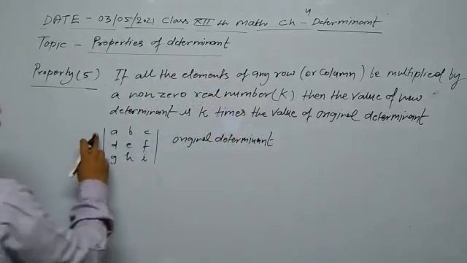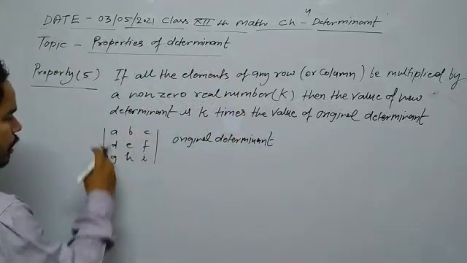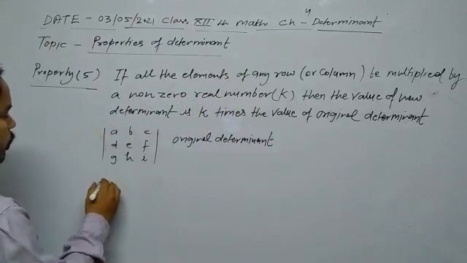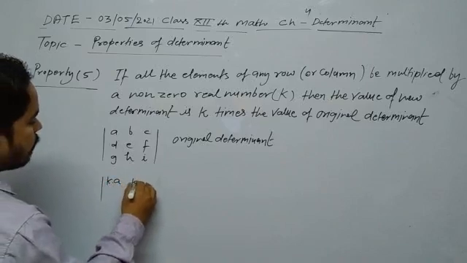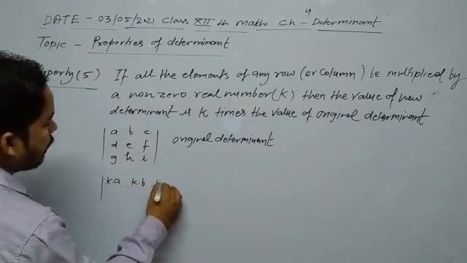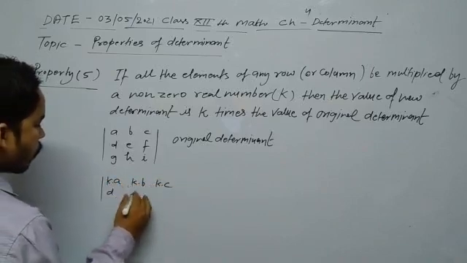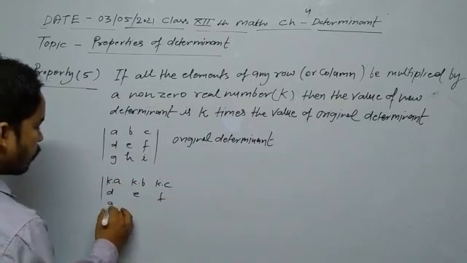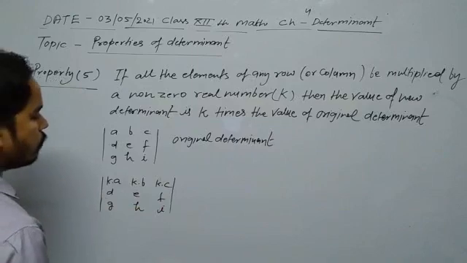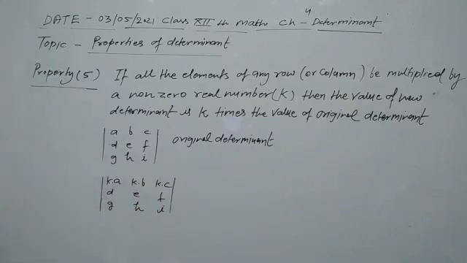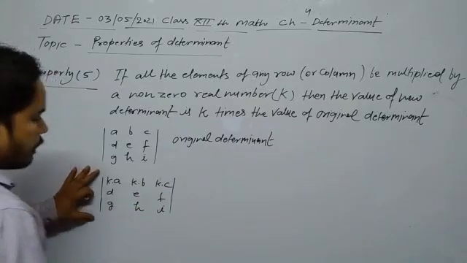If you multiply by any non-zero real number k, consider we are going to multiply the first row: k times a, k times b, k times c, d e f, g h i. This is the new determinant.